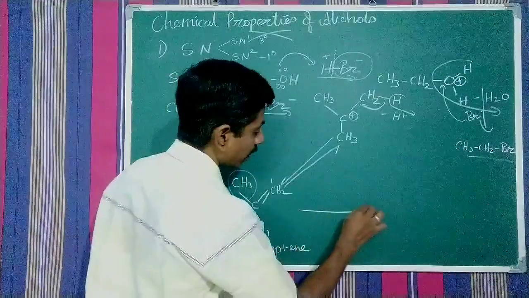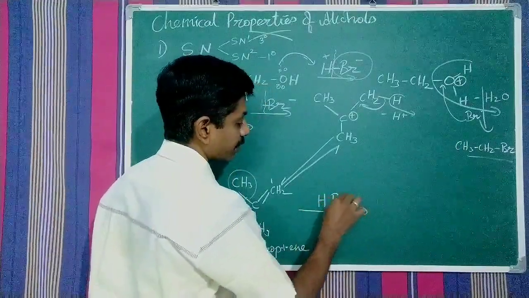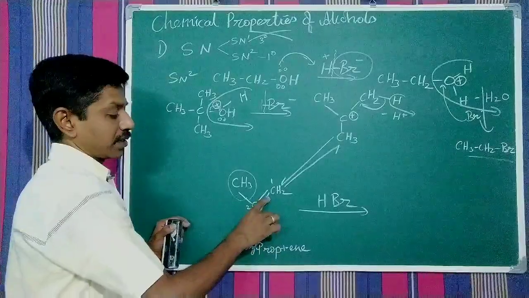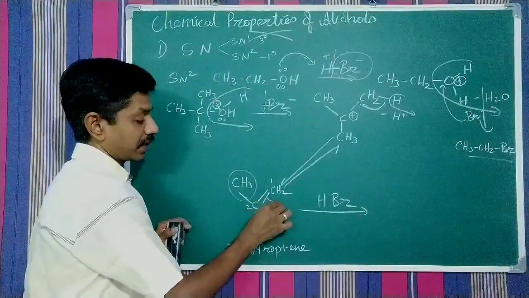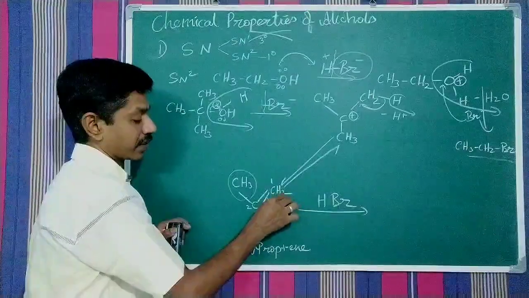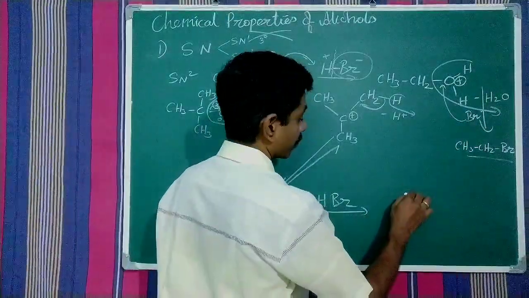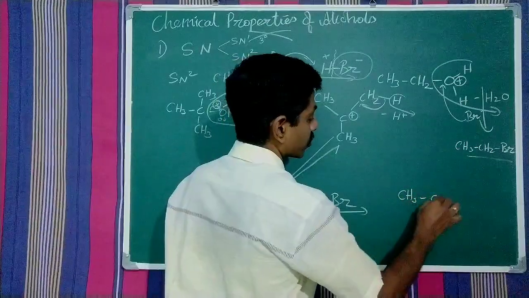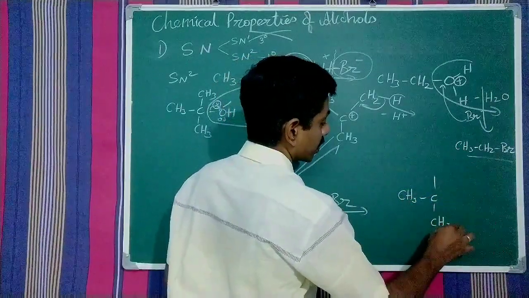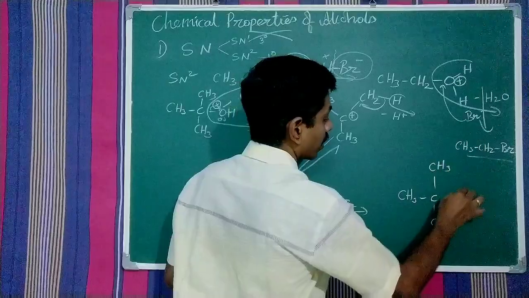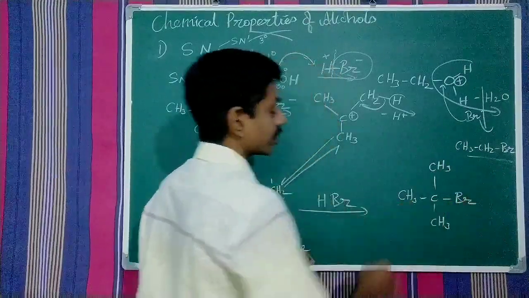This compound again goes for reaction with the HBr, and the bond breaks here, and you will get hydrogen added here and the bromine added here. We learned yesterday about the Markovnikov rule also. Then you get CH3, CH3 group, and bromine here. You get tertiary butyl bromide.